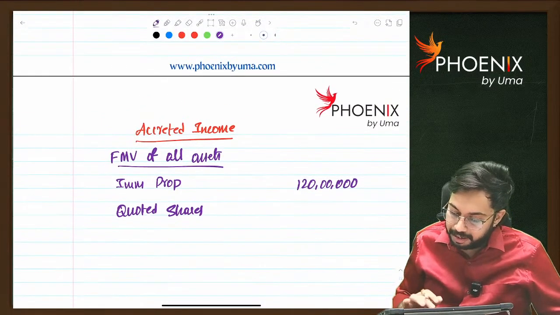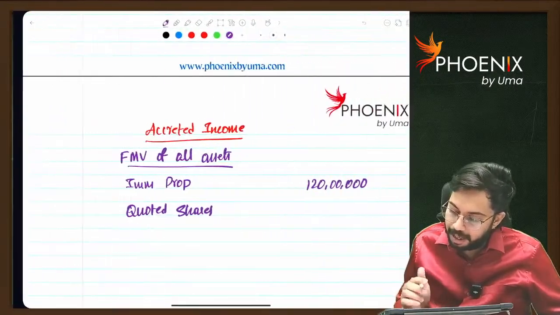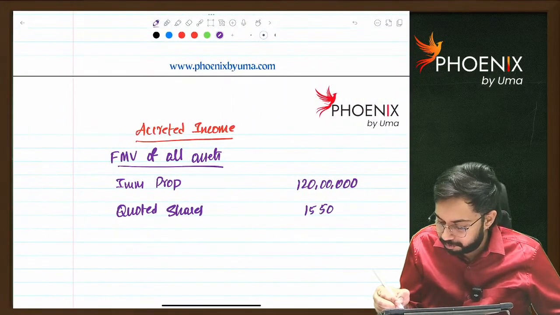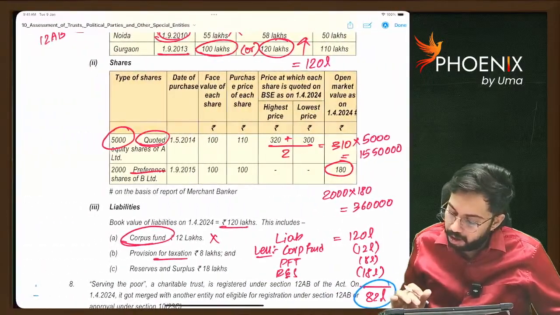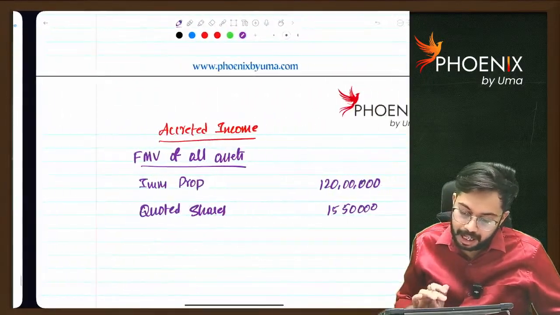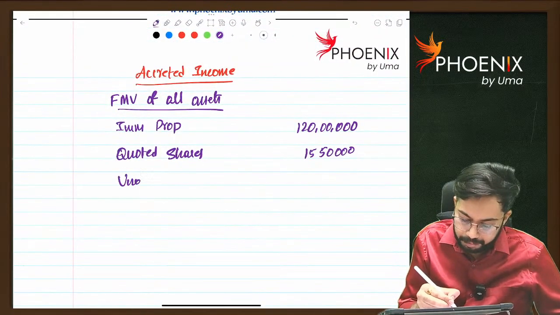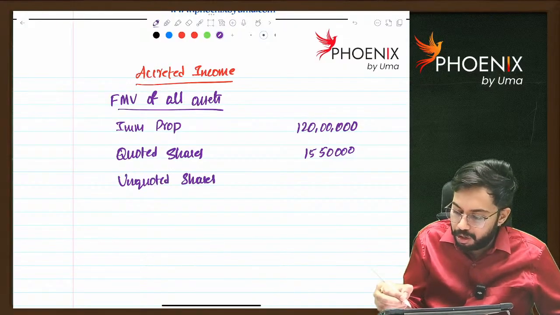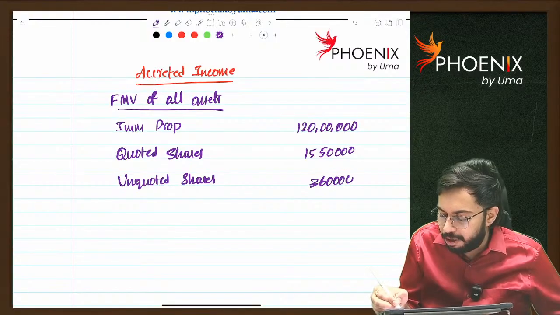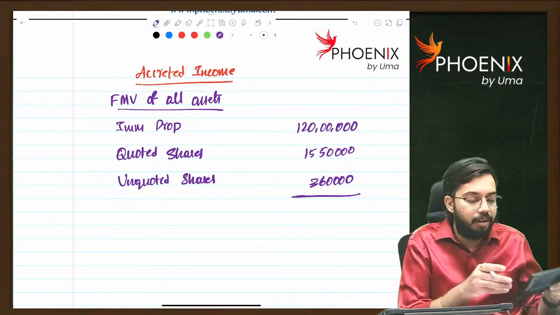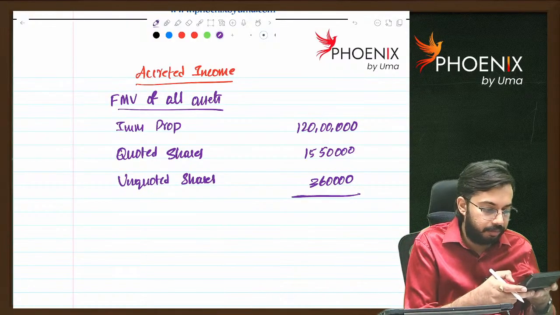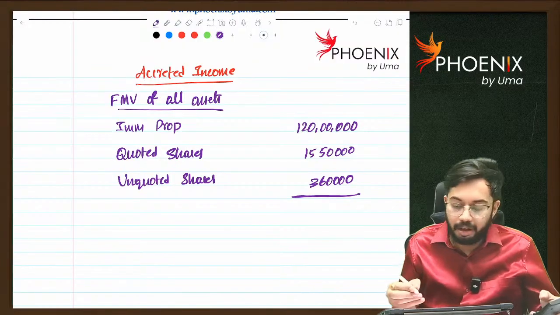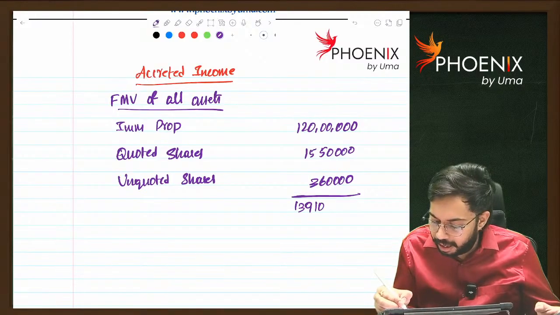How much will you consider? Quoted shares 15 lakh 50,000. Next, unquoted shares 3 lakh 60,000. So how much is the fair market value of total assets? 1 crore 39 lakh 10,000.